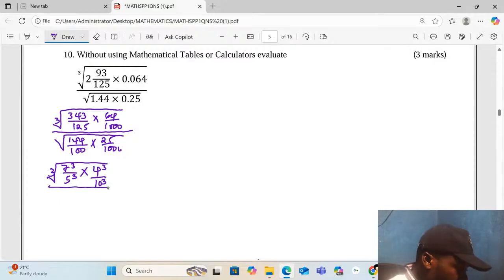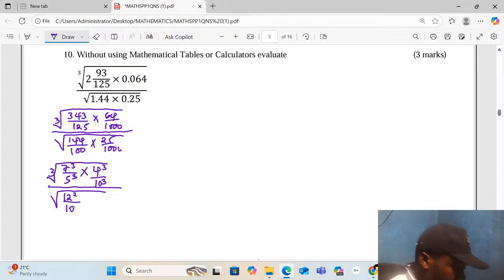Then we divide by the denominator. Our denominator is 144 over 100, which we can convert to power 2, so that we have the square root of 12 squared over 10 squared, since 144 is the same as 12 squared and 100 is the same as 10 squared.